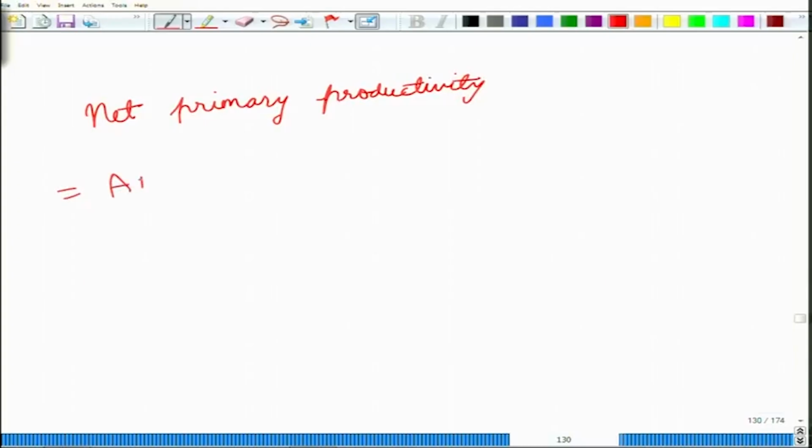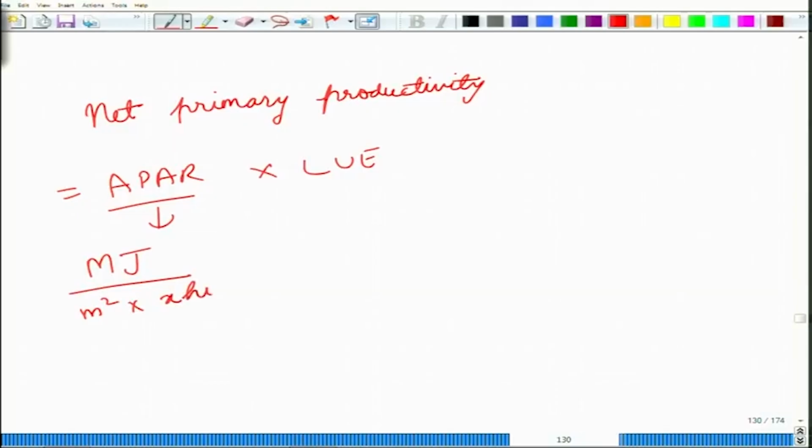APAR is essentially how many joules or megajoules of energy were absorbed per square meter of area and per unit time, say x hours. So, say we have y megajoules of energy that was absorbed by the plants.